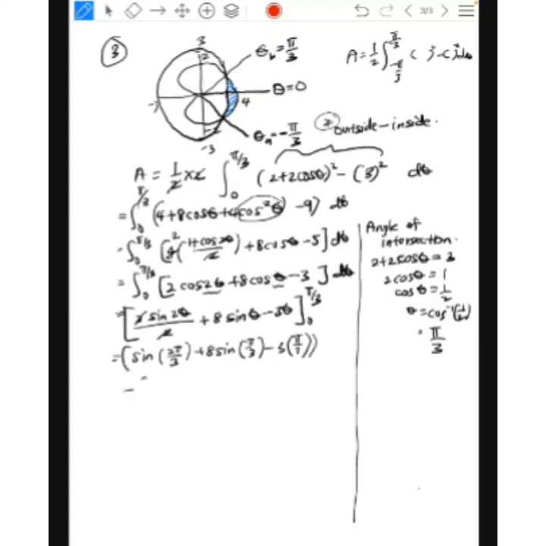And minus the 0. Sine 0 is 0, the other sine 0 is 0, and 3 times 0 is also 0.